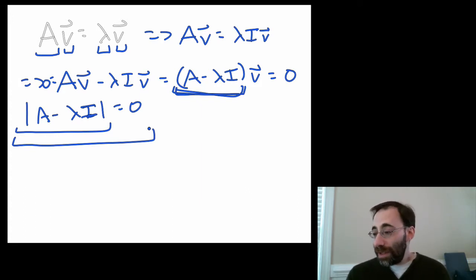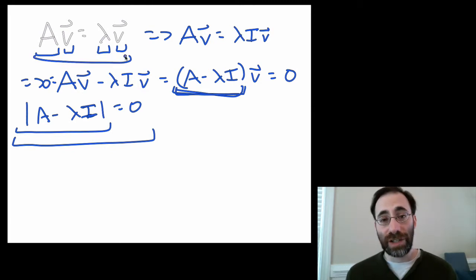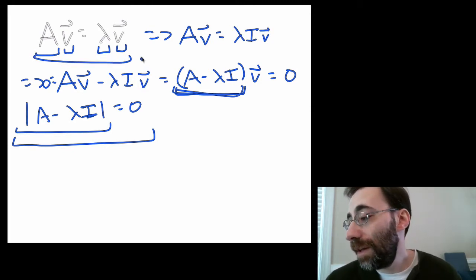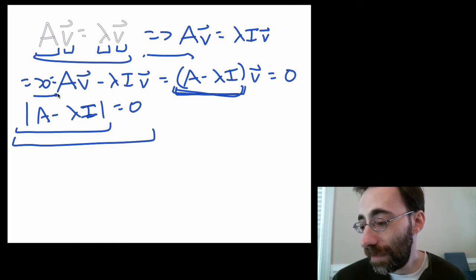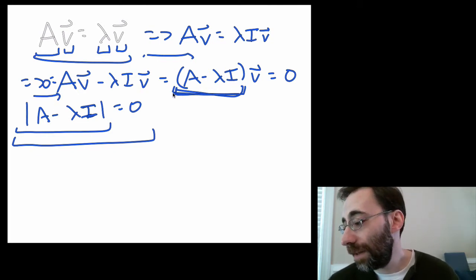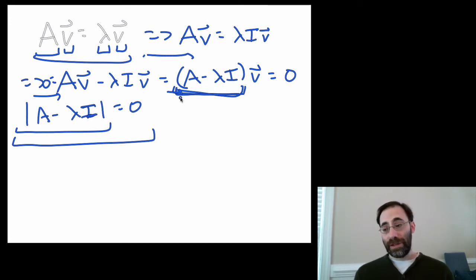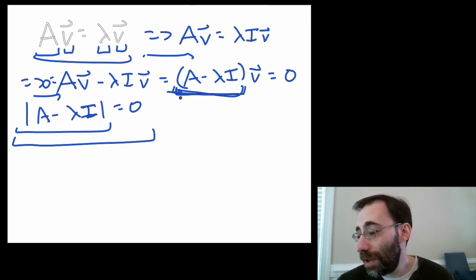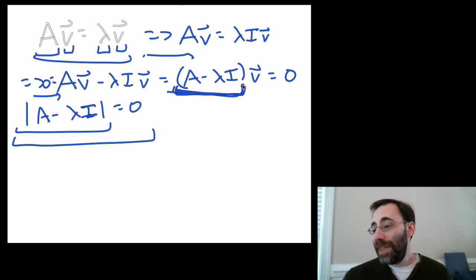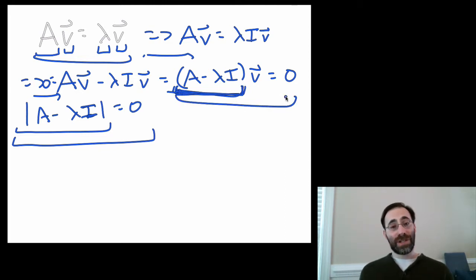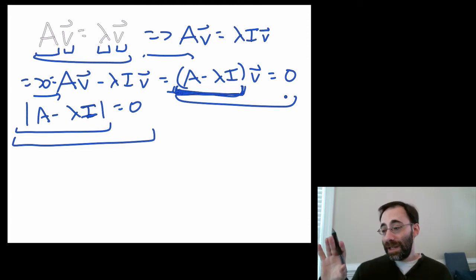So again, you start here with the eigenvalue equation that defines the eigenvalue, multiply by I, subtract from both sides, undistribute. So far that's all pretty straightforward. And the key is noting that this whole equation implies that the rows and columns of the matrix A minus lambda I are not linearly independent. If you don't remember that, go back to the previous lecture when we talked about linear independence and linear dependence.